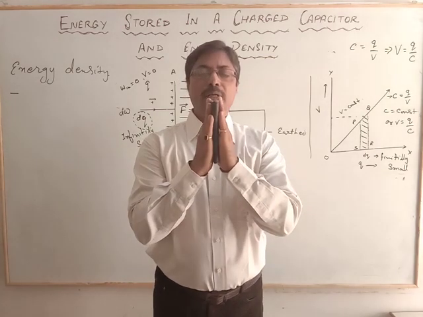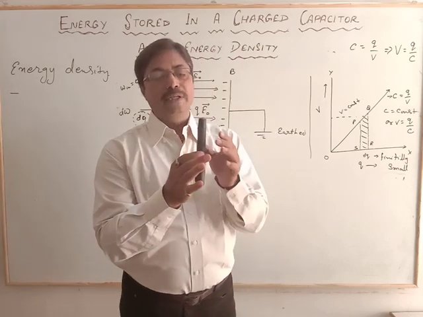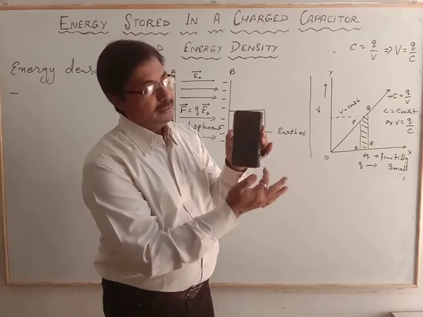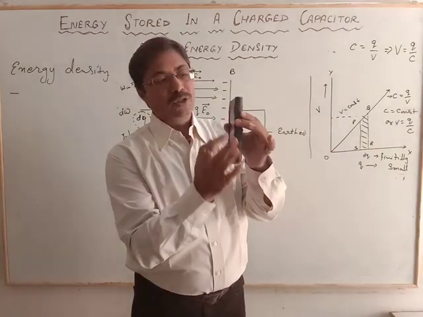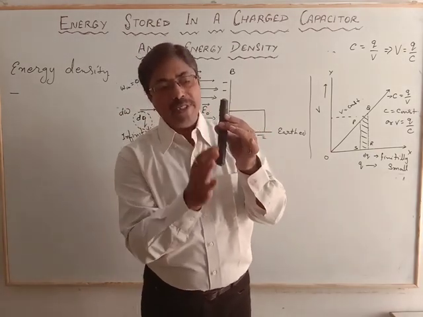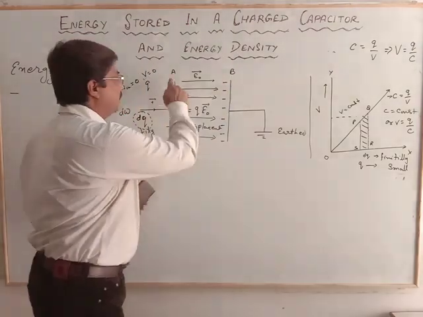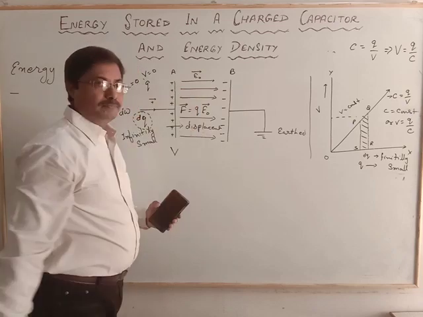Got the point? Now in this condition, the plate has an area, and this is the thickness. So that becomes the volume, and in that particular space the electric field lies.